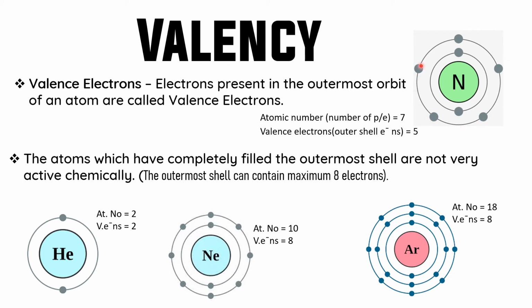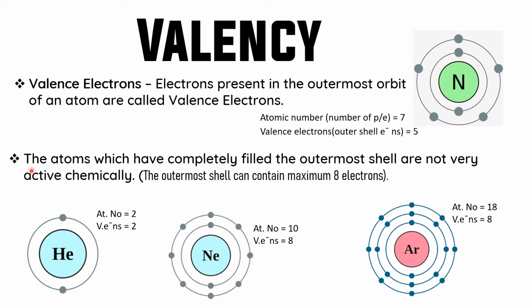In the case of nitrogen, the second or L shell is the outermost orbit, and here there are 5 electrons. So how many valence electrons in nitrogen? 5. Got it, children? Valence electrons means the electrons present in the outermost shell or outermost orbit of an atom. In the case of nitrogen, 5 is the number of valence electrons.